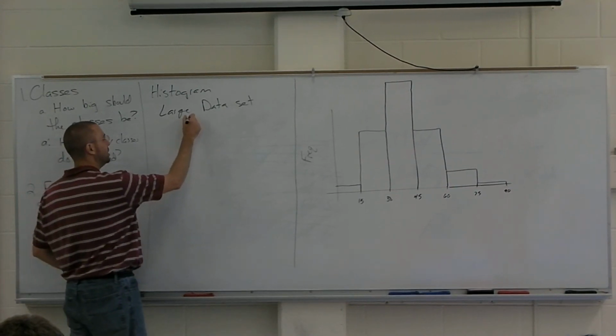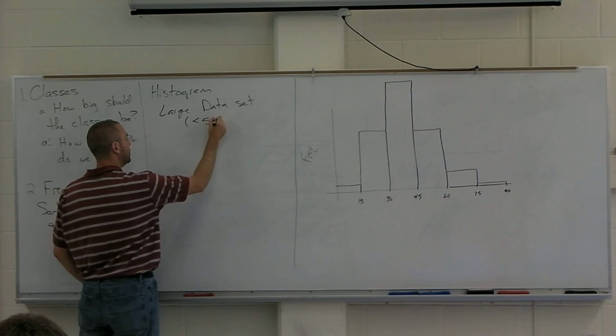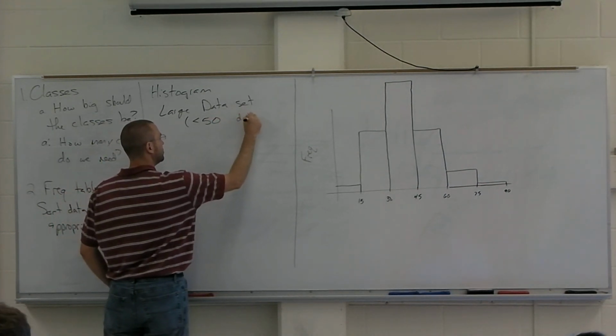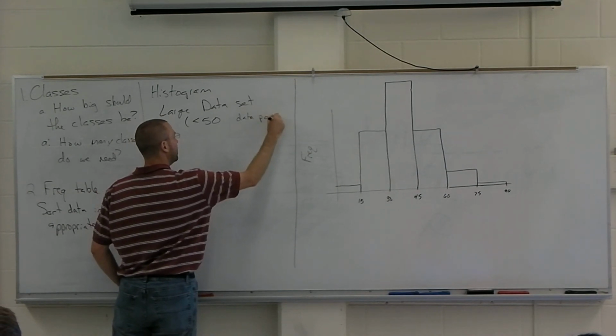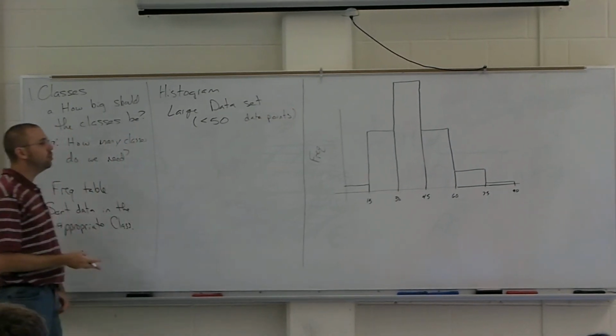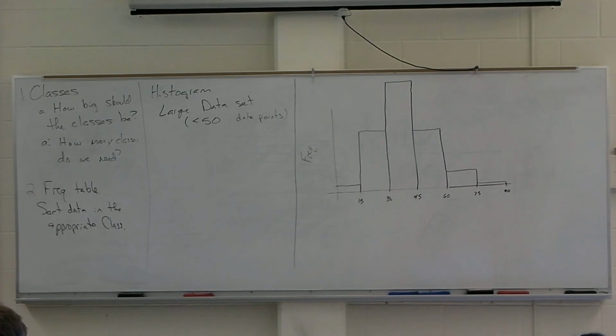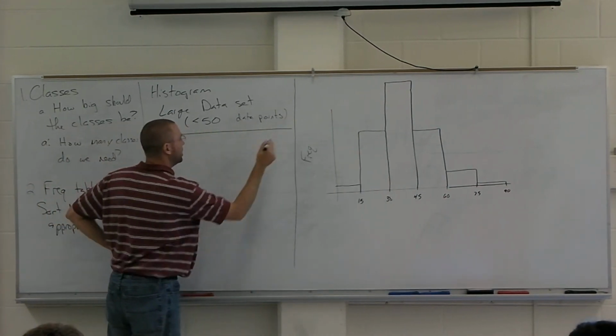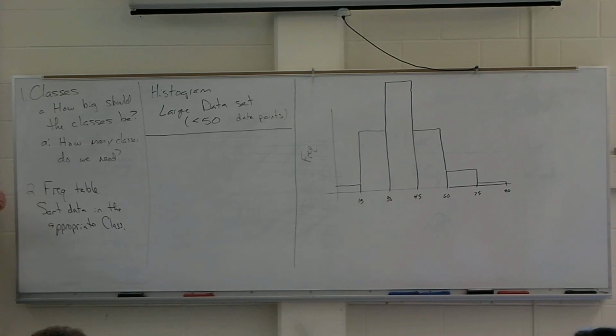You can interpret large however you want. But that's a good rule of thumb. If you have more than 50 data points, a histogram is probably going to be a good choice to use for your data display.